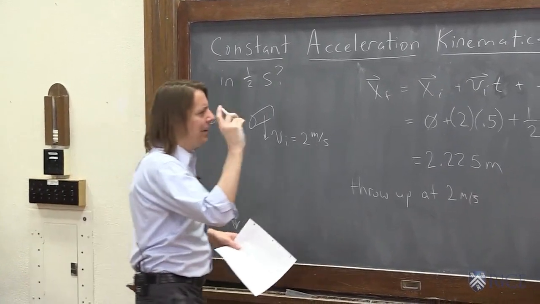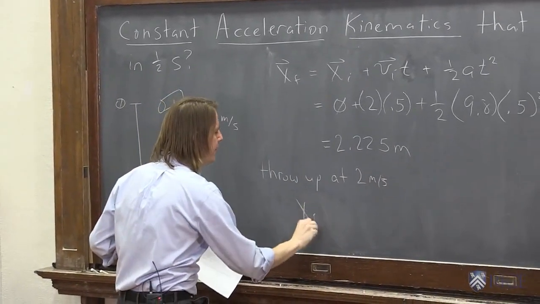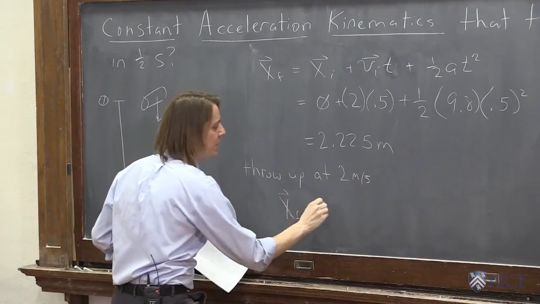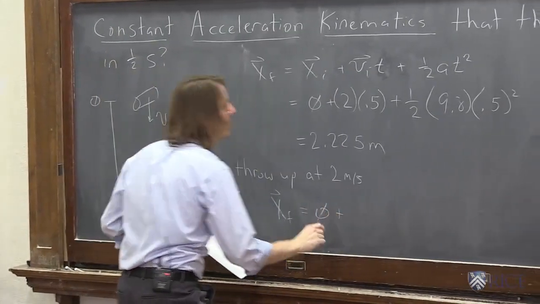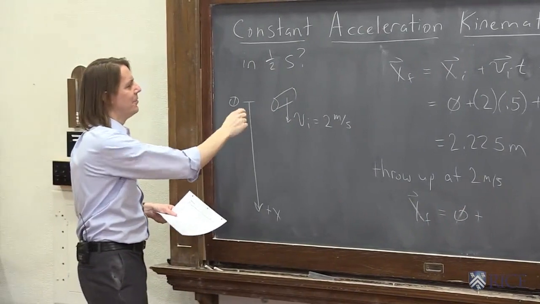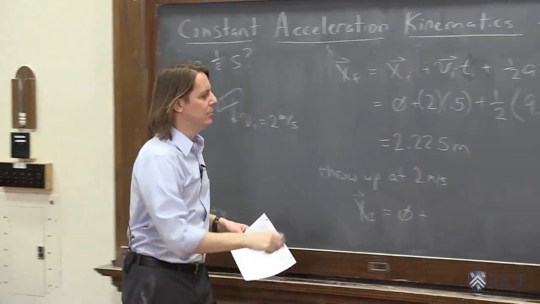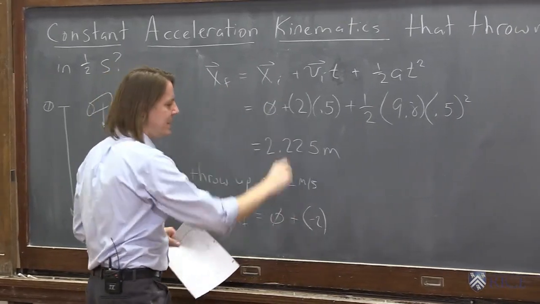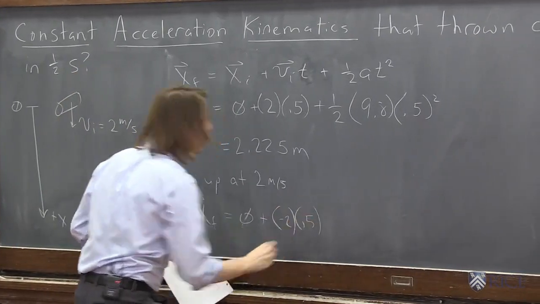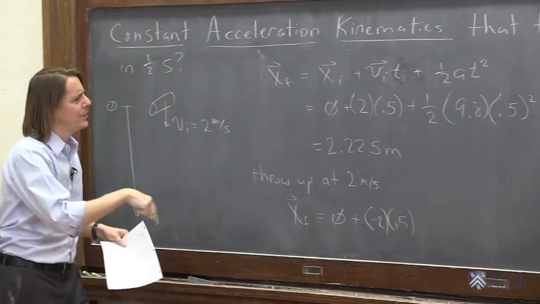How would this be different? x final would be the same equation. Initial is still 0 meters, plus, but now vi is negative, right? Because I threw it up, down is positive. So it'd be -2 times t, which is 0.5, right? And then the acceleration is still down.